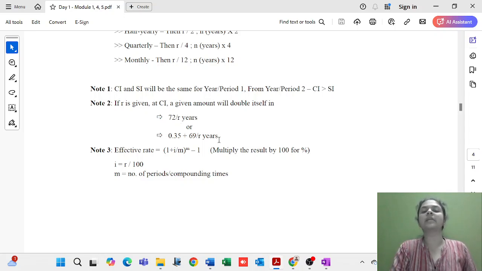Or if you want a still more accurate period, you can use this formula, 0.35 plus 69 by R. You can do 69 by 5 and then add 0.35 to it. You will get an accurate answer. These two will give you more or less accurate nearby answers. So you can use this as a shortcut if the question is asking for the doubling rule in the exam.